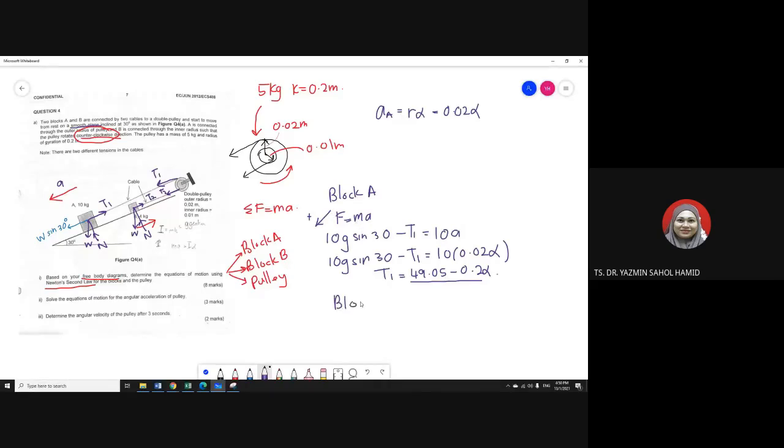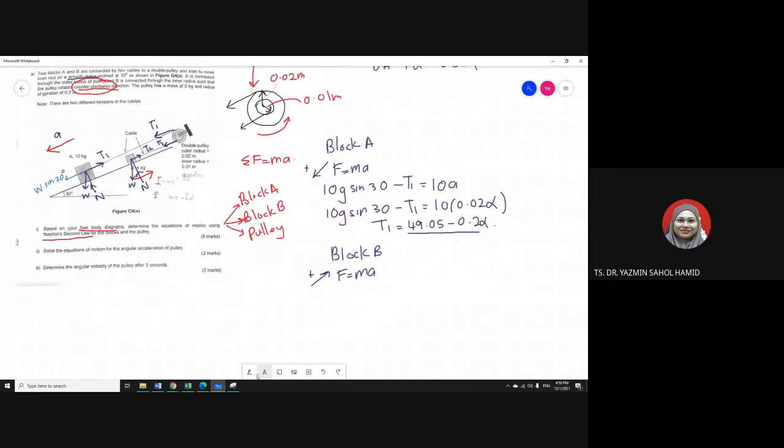Now let's look at block B. The direction of the acceleration is going up, so you assume going up, F equals to ma going up. So what would it be? Again it will be very simple: T2 minus, for G, 40 sin 30, equals to 4 a, and we know our a will be 0.01 alpha.